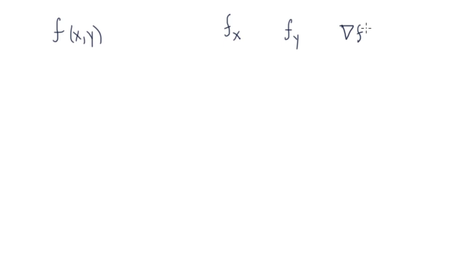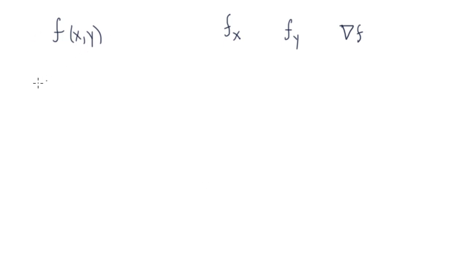But actually for now, the gradient of a function in a unique way is going to give us a way to nail down what it means for a function to be differentiable at a point.